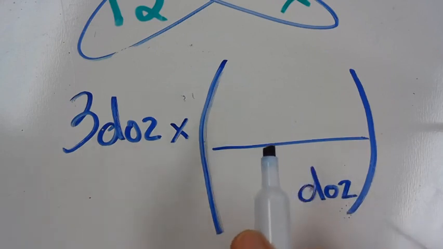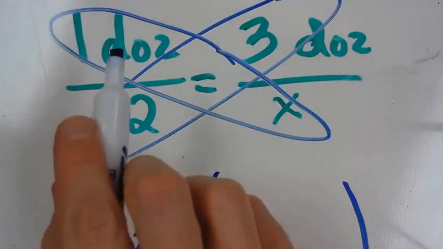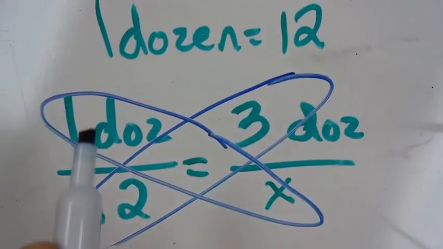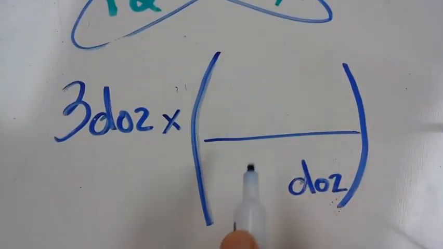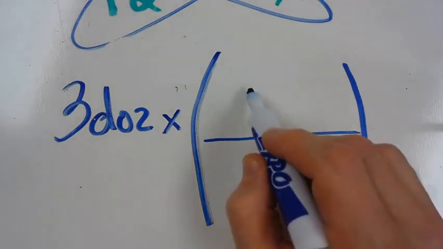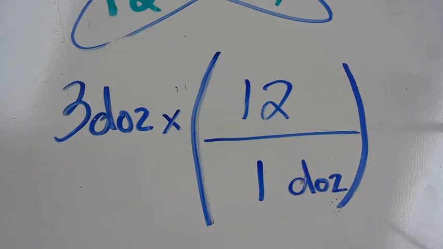Okay? And then just like we made sure the fraction of our proportion was equal to each other, because we know 1 dozen is equal to 12, we're going to make sure the fraction of our dimensional analysis is also equal to each other. So we know that there are 12 of something in 1 dozen. Okay?